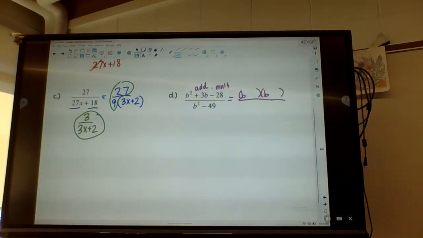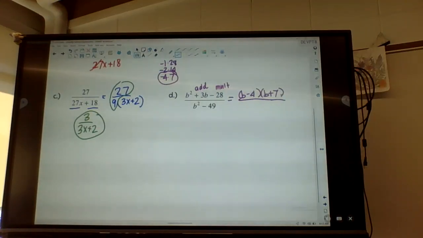So I'm multiplying to negative 28, but adding to positive 3. See it? Our negative 4 and positive 7 will be our factors there.